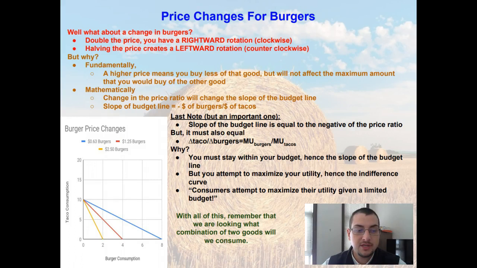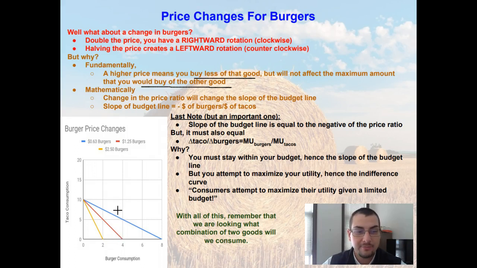So why is this the case? Why do we have this rotation? What's really going on? Well, if you stop and think about it conceptually, fundamentally, a higher price basically means you can buy less of that good. But this will not affect the maximum amount that you can buy of the other good. Just like what we said in the last video, if the price of tacos changed, it did not affect the maximum amount of hamburgers you could buy, assuming you only ate hamburgers.